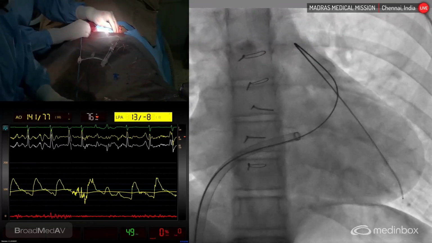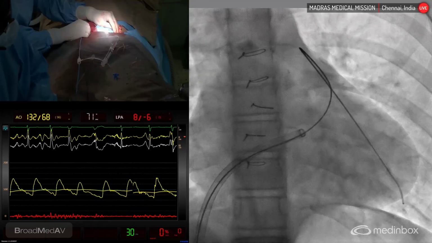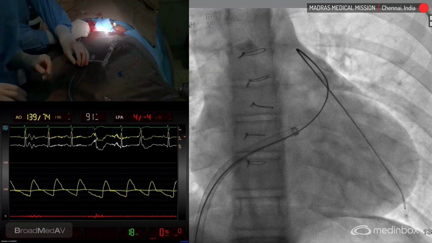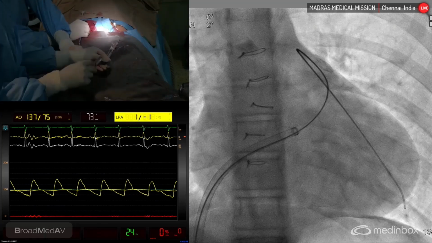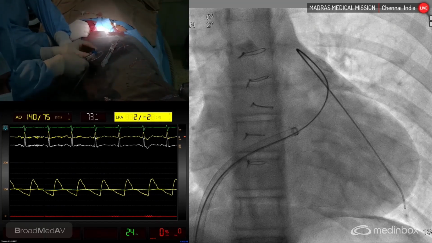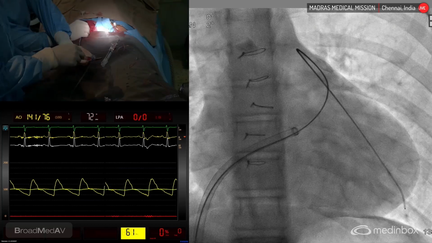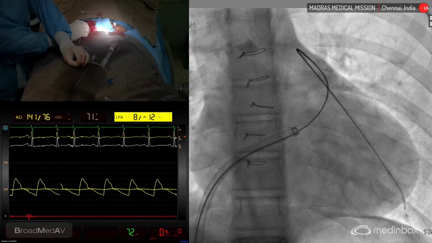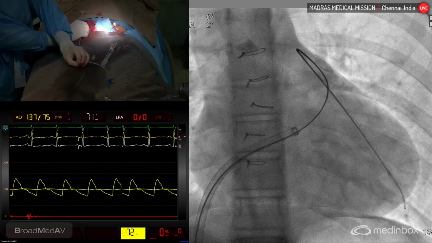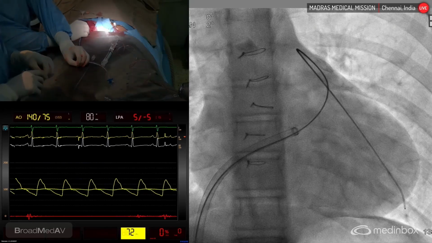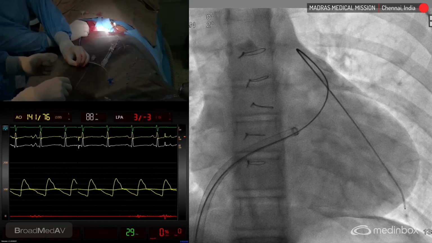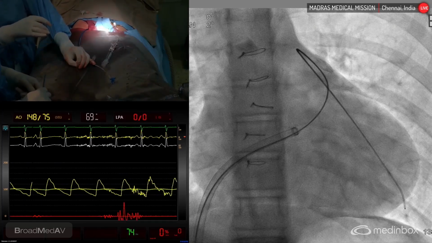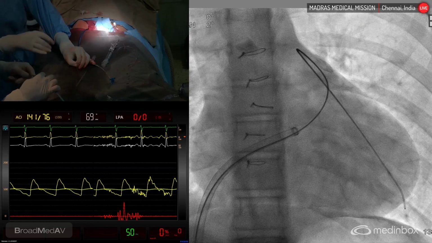The original attempt was to get a double lumen dilator deep inside to reach the bifurcation. However, the sheath tip was protruding, the dilator tip was protruding towards the outflow tract, which did not allow us. So we are going to plan B, which will be using a standard dilator, which is a single lumen dilator.